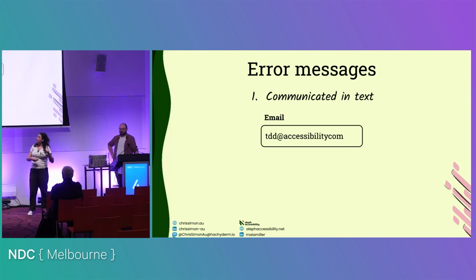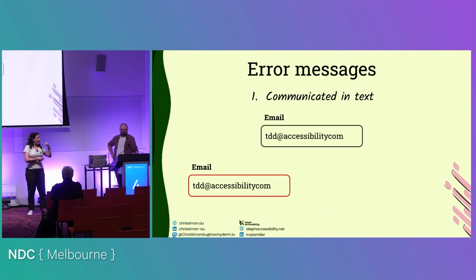So in this case, we have an email field. And when it went pink, we're indicating using color. And in this example, I have it, the outline goes red. But not everybody can see red or pink. In fact, the most common color blindness is red-green, right? So using color is still important, definitely for sighted visual people.